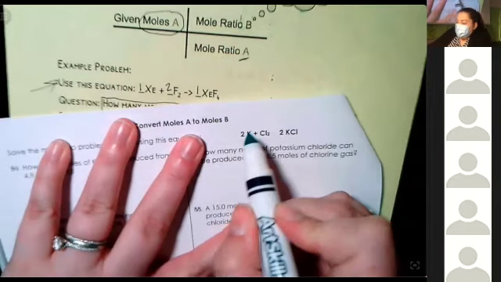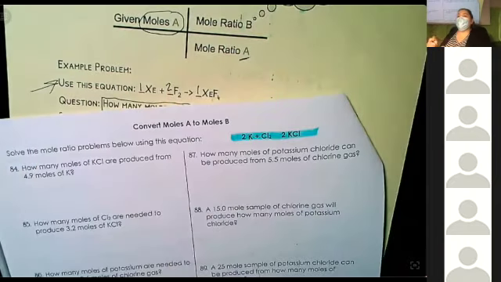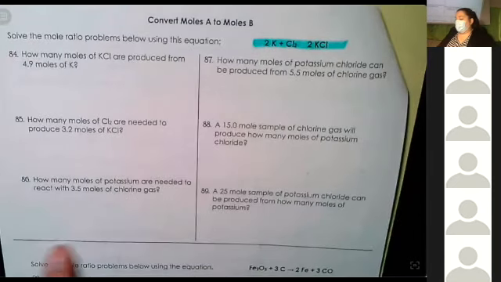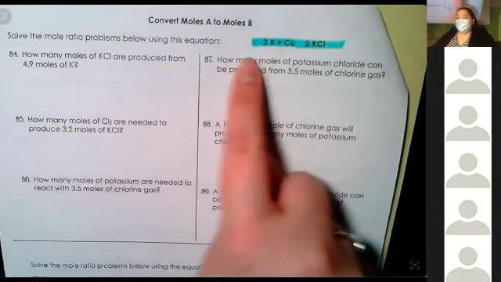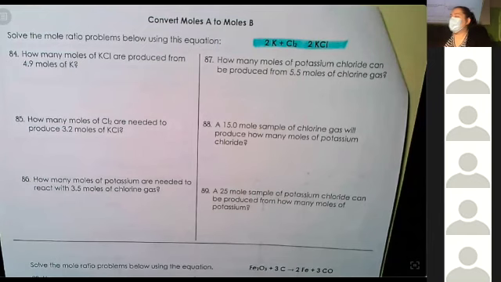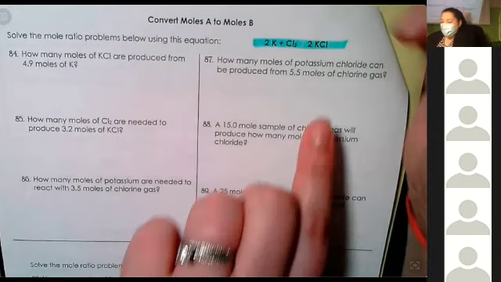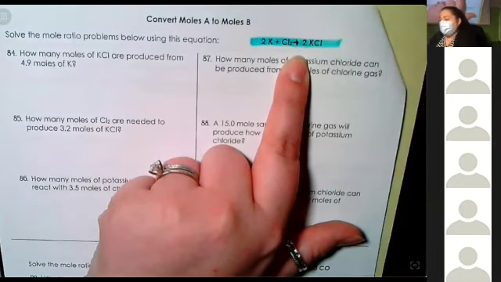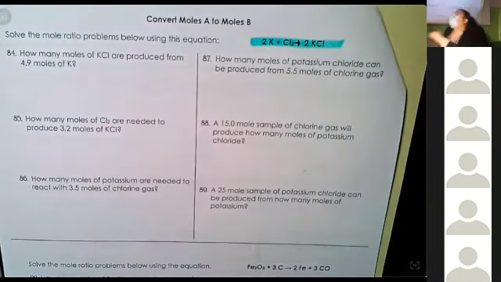This equation right here is what we are going to be using for the next 6 problems, up until this line right here. So 84 through 89. One equation for all these problems. The good part is it's already balanced, so you don't have to do that. The hard part is over because it already gave it to you balanced. And by the way, I am so sorry if you've got a handwritten copy, there's an arrow in between there and it didn't print.